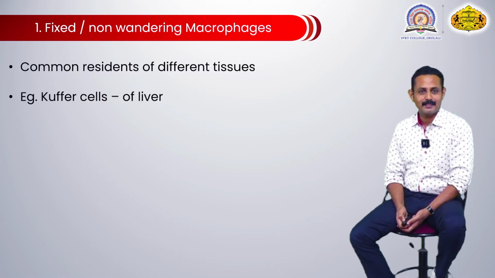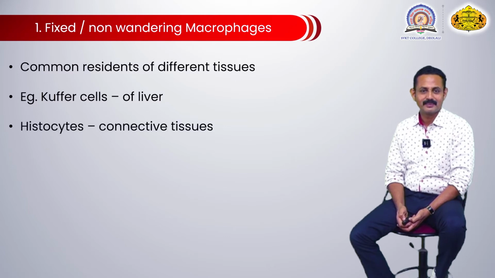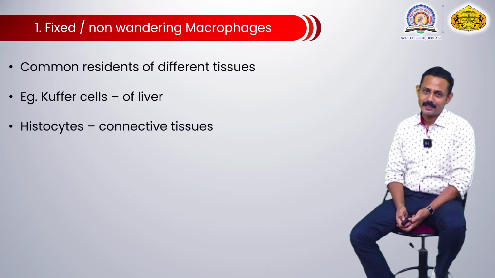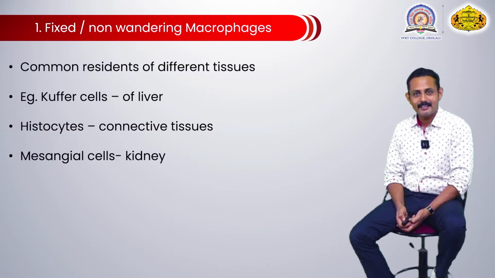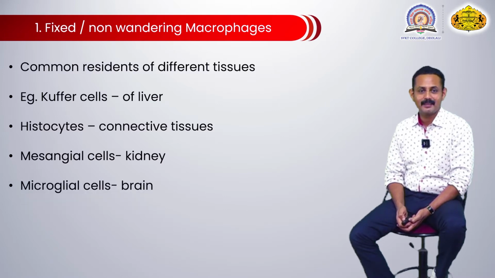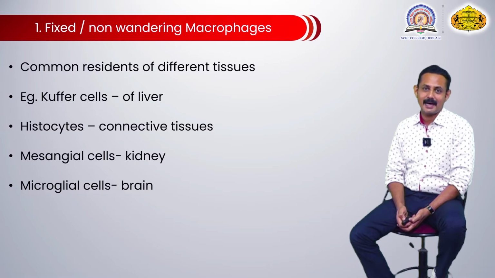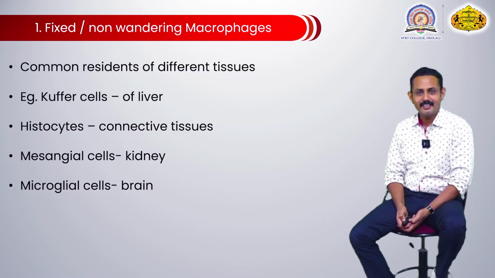An example is the Kupffer cell of the liver. In connective tissue, histiocytes are present. In kidney, mesangial cells are present, and in brain, microglial cells are present. In those regions, these cells protect the tissue or organ from the invasion of different pathogenic agents and carry out their destruction, giving protection against them non-specifically.